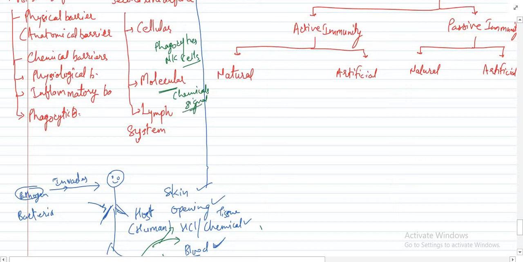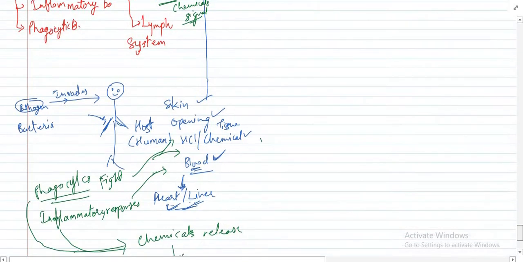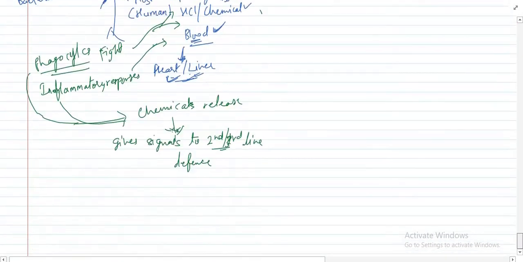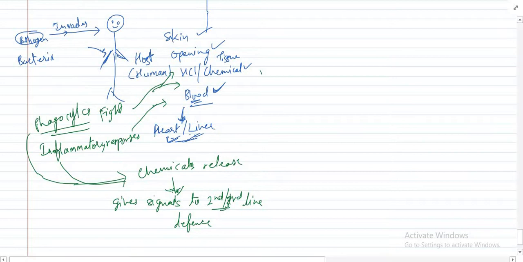There are some molecules which we will discuss later on again. And as I already discussed with you in brief in a video which is already given, there are some chemicals which are released and they start signaling.